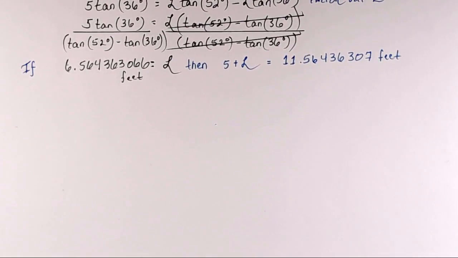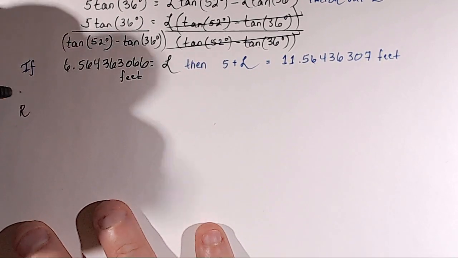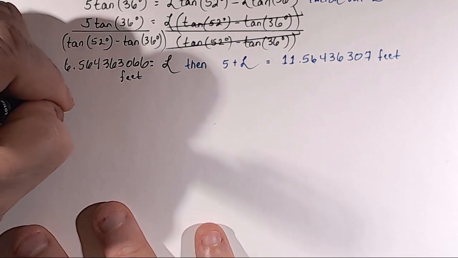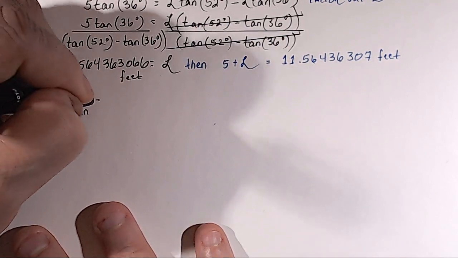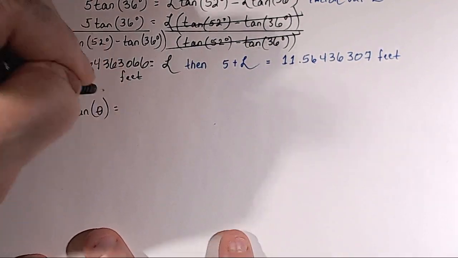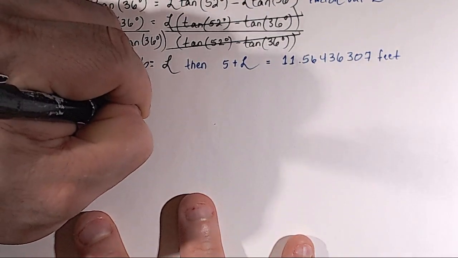So remember, recall that tan of theta equals the opposite over adjacent.